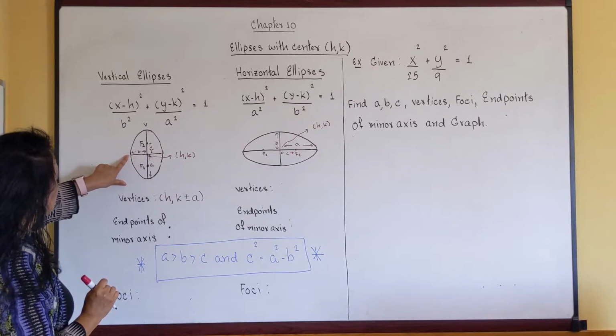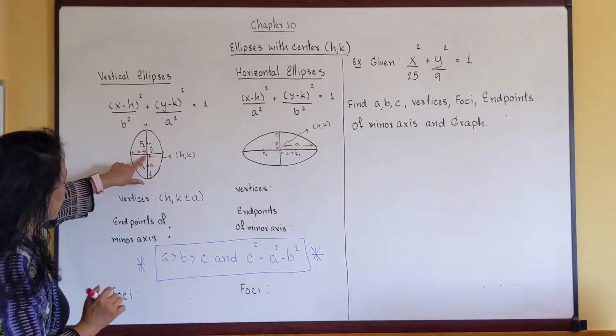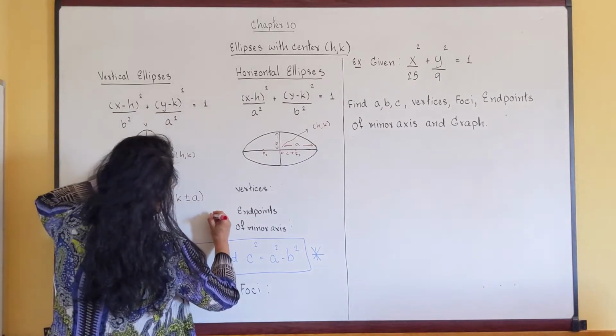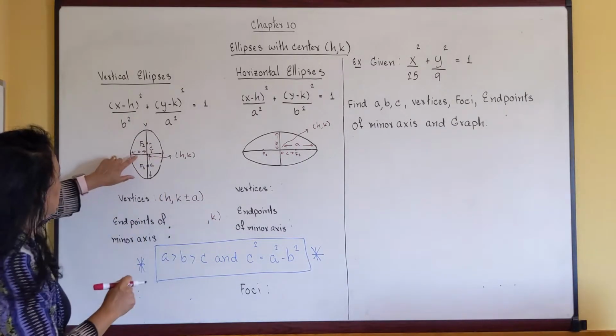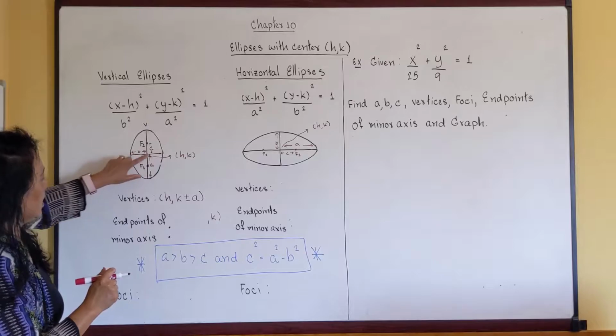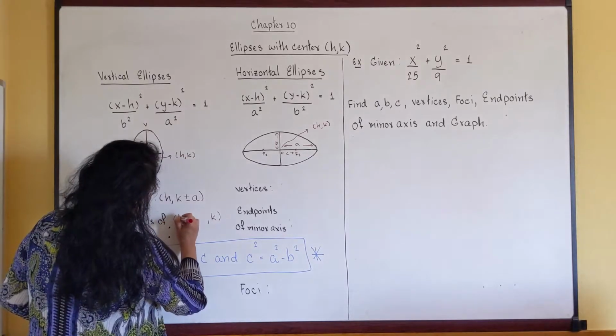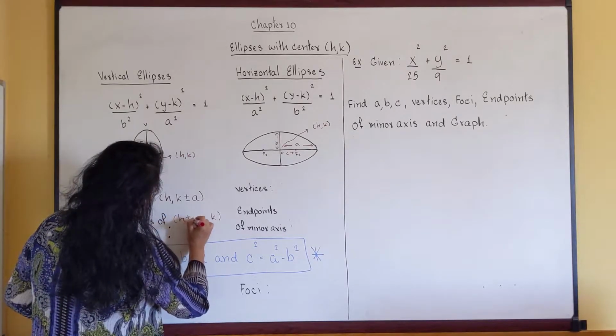Again, the y coordinate is the same, so it's K. Now the x coordinate is going to be either plus or minus B, so it's going to be H plus or minus B.